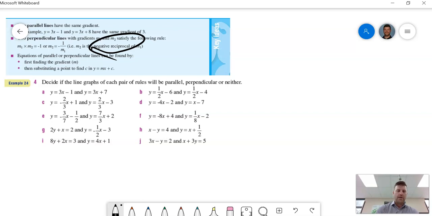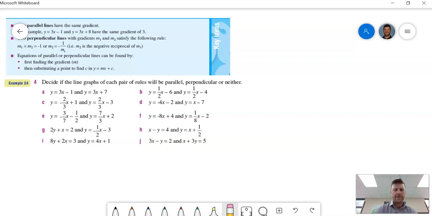So parallel lines will have the same gradient, as you can see in that first dot point of the key ideas, and for perpendicular lines, when we multiply the gradients together, the result should be -1.